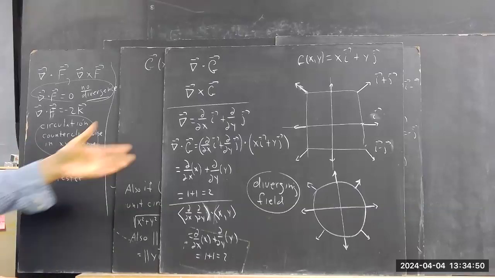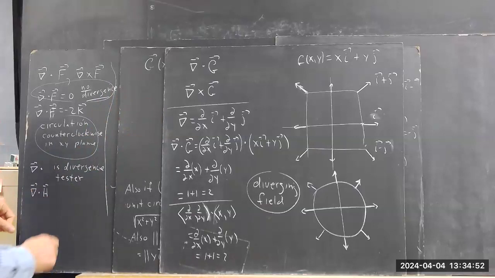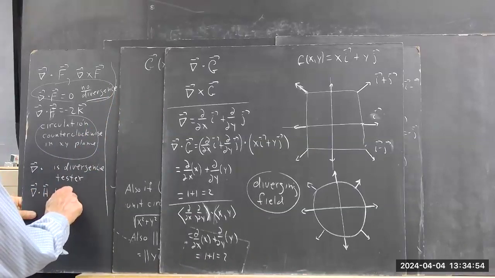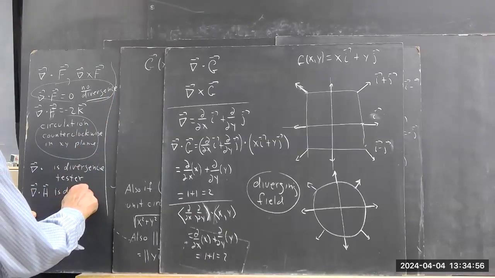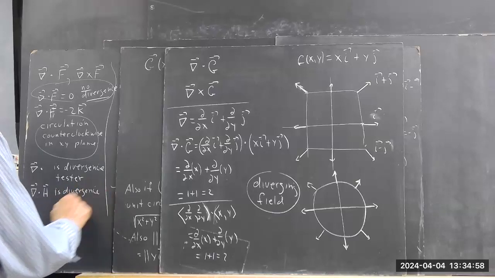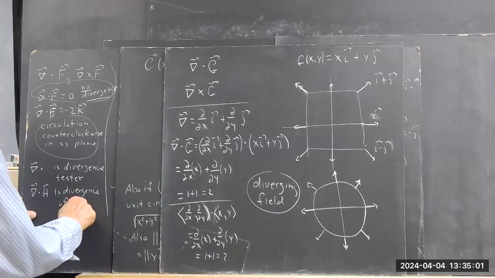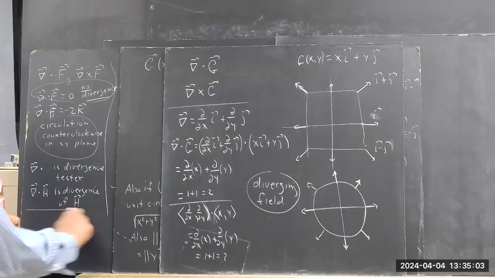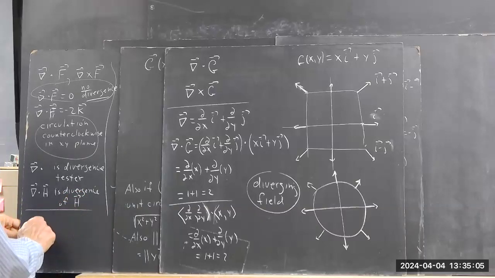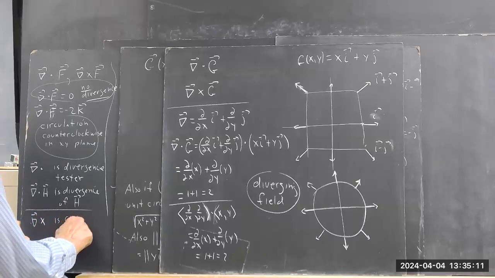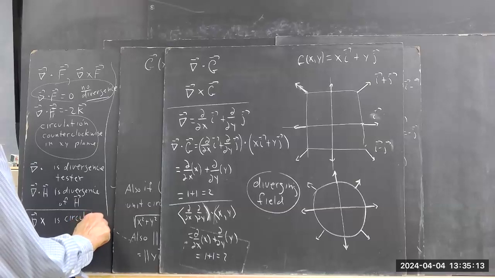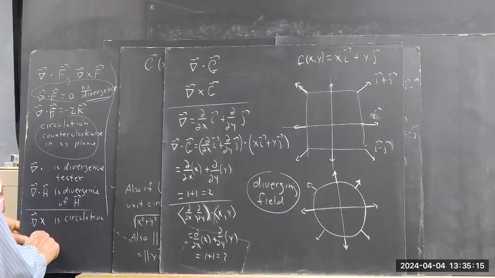I've used F and G for specific functions, so I'll use H. Del cross H is your circulation tester.